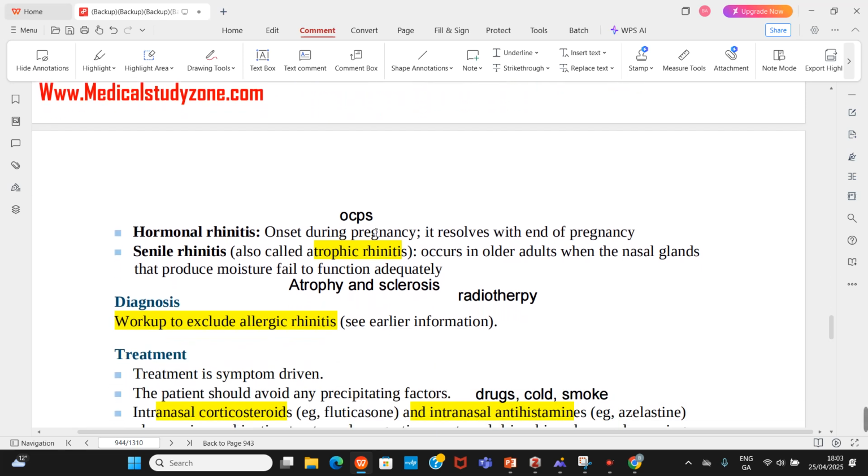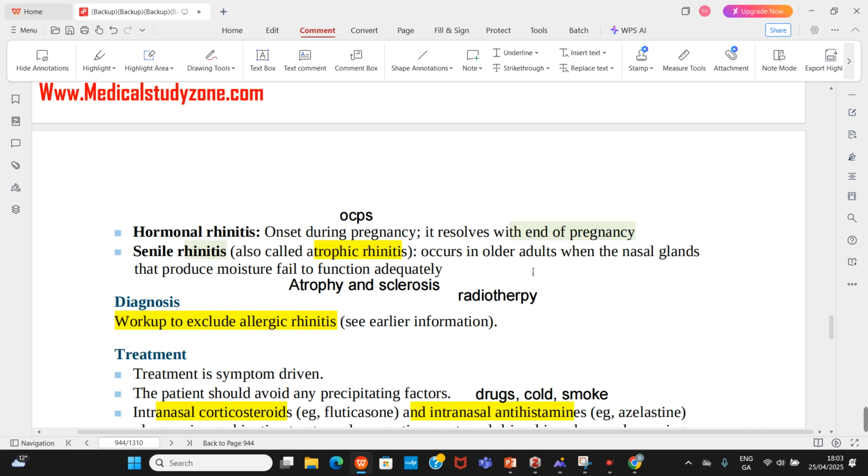Hormonal rhinitis occurs during pregnancy and is due to exposure to hormones like estrogen and progesterone. So it's very common in people that use OCPs. But after pregnancy, it drops. Senile rhinitis occurs in elderly people due to atrophy of the nasal mucosa.